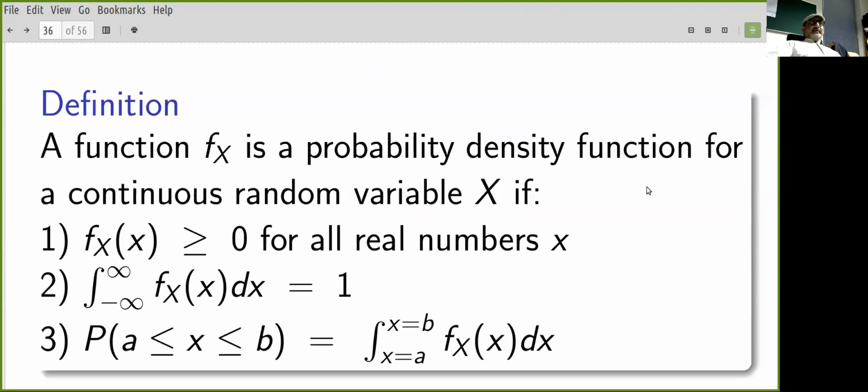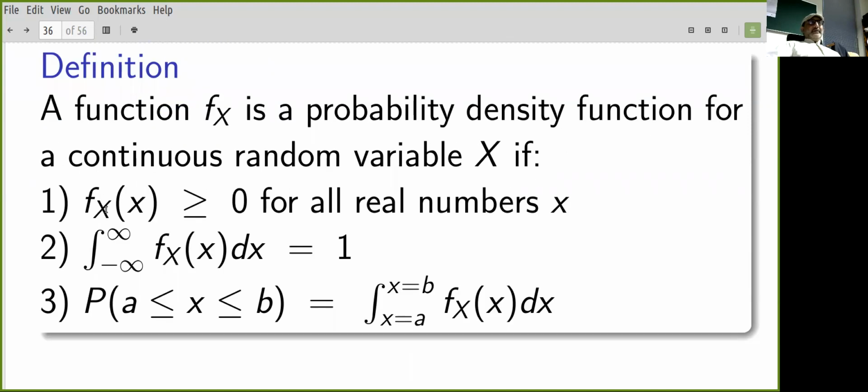So the PDF, small f sub x, for the continuous random variable x is a probability density function if, one, you need all those probability densities to be greater than or equal to 0.